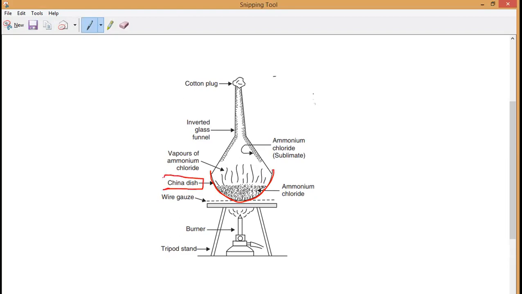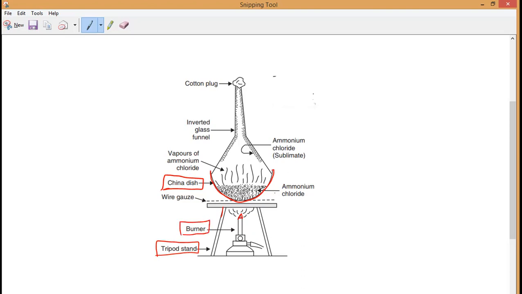Now we have to set this up in our chemistry laboratory in such a way that this stand we call a tripod stand, and down below we have to keep a gas burner, which we call a Bunsen burner.